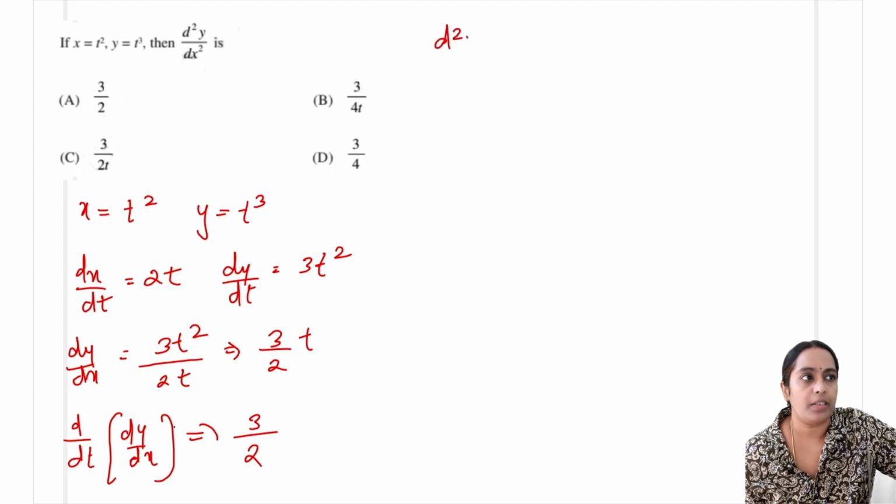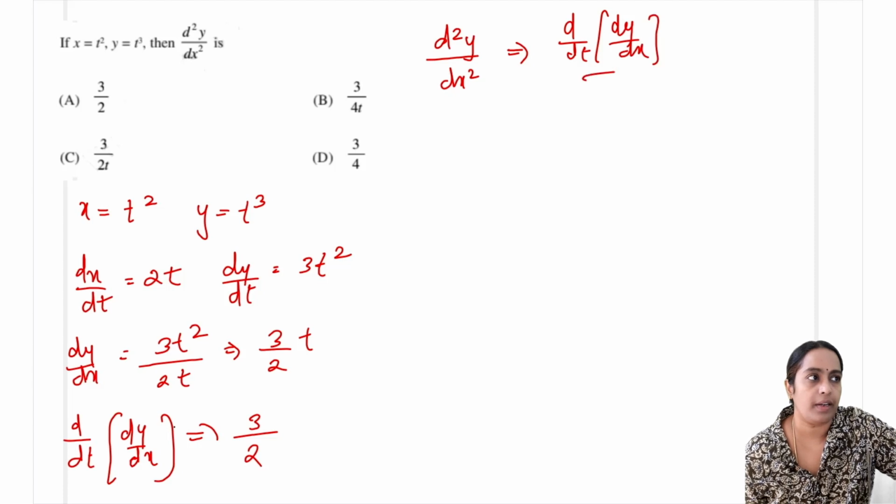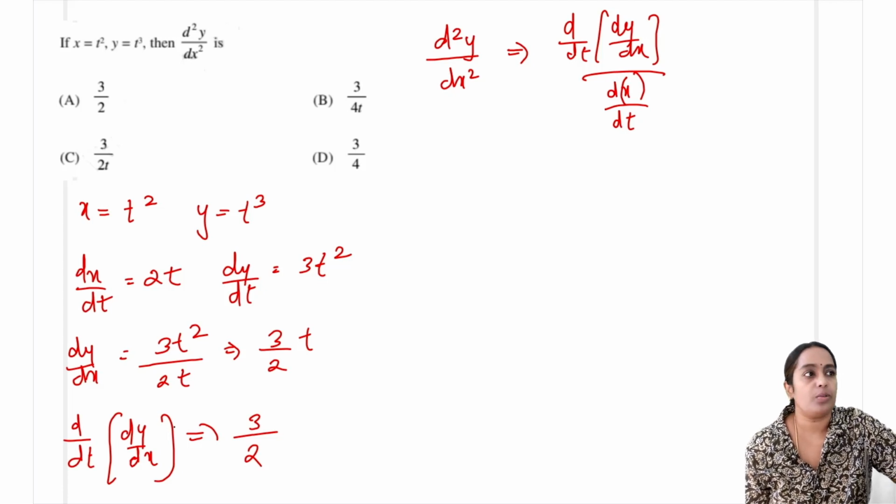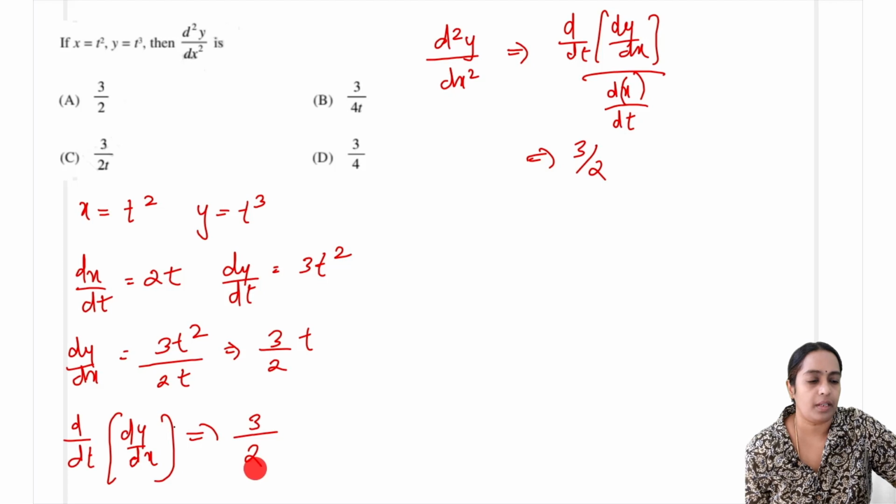Now my question is d square y by dx square, which is equal to d by dt of dy by dx divided by dx by dt. I already found d by dt of dy by dx, which is 3 by 2.